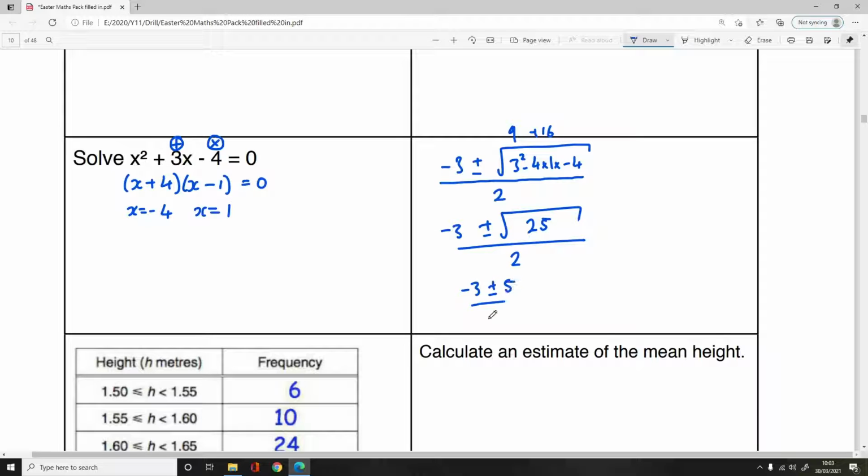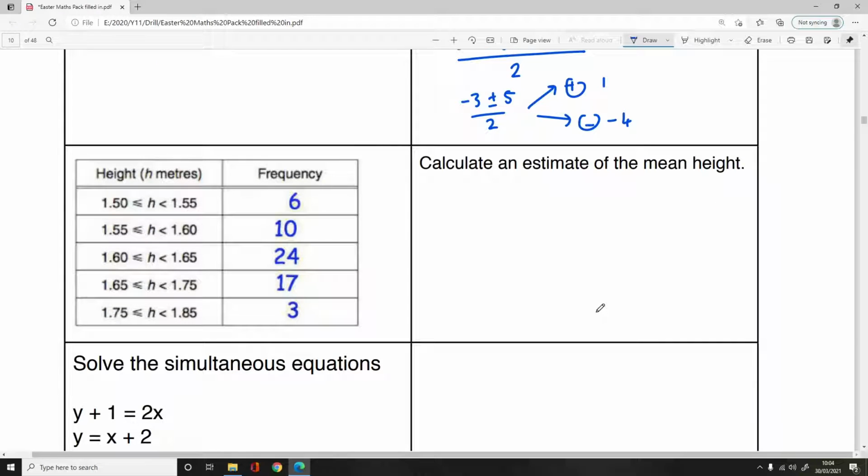So plus or minus 5 over 2, and then when you do a plus, it would give you 2 over 2, so 1. And if you were to do a minus, it would give you minus 4. Either way, gives you the same answers, obviously.